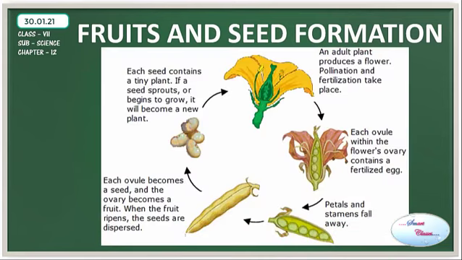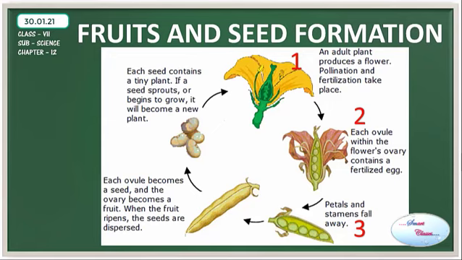As you can see in this picture, an adult plant produces a flower. Pollination and fertilization take place. After that, each ovule within the flower's ovary contains a fertilized egg, which keeps on growing, making the fruit as the ripened ovary. Petals and stamens fall away.